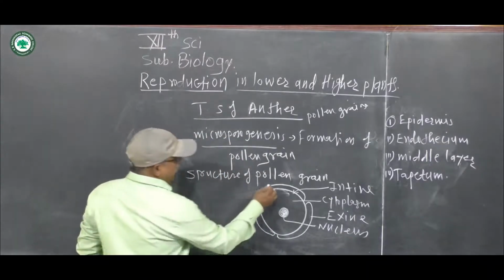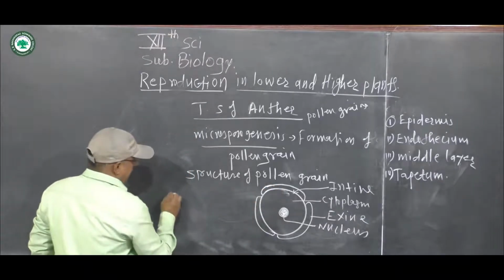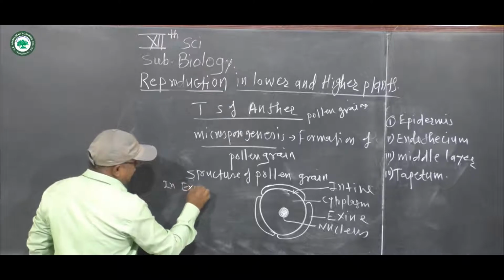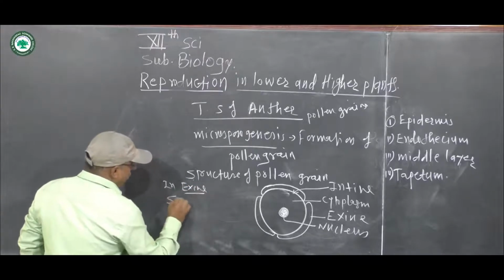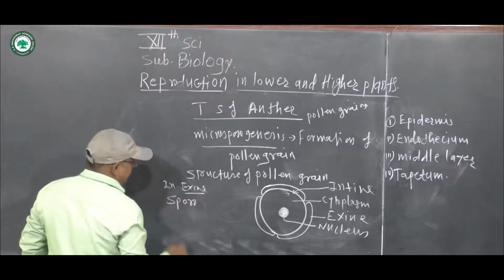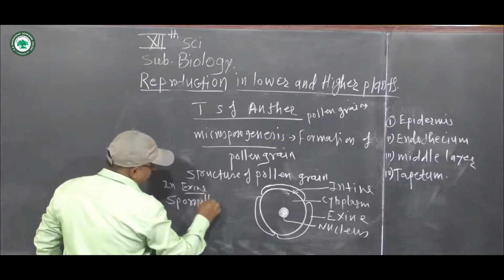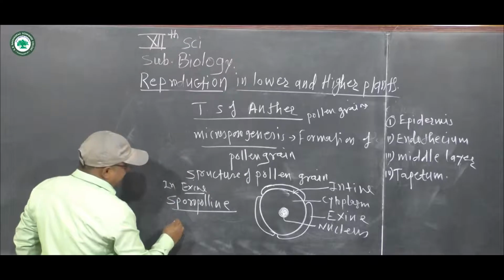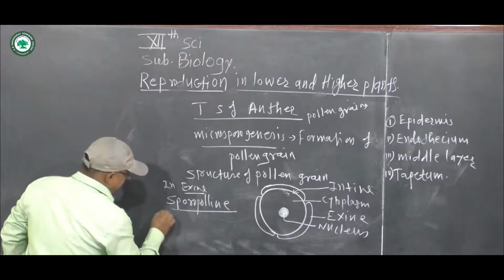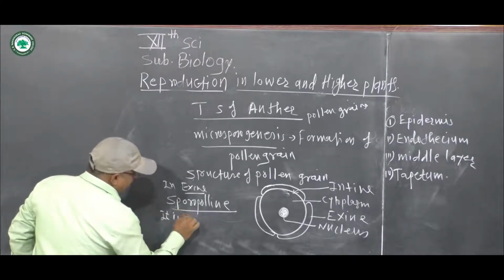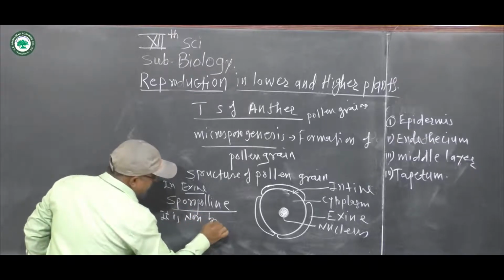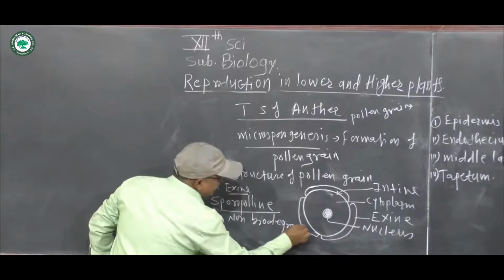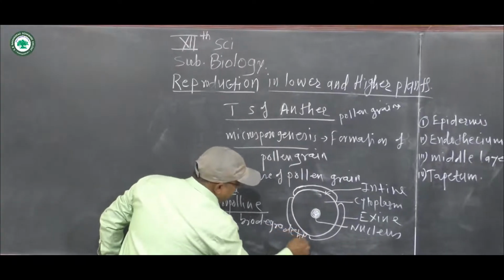Most important word in exine, sporopollenin. Sporopollenin is present, and it is non-biodegradable.